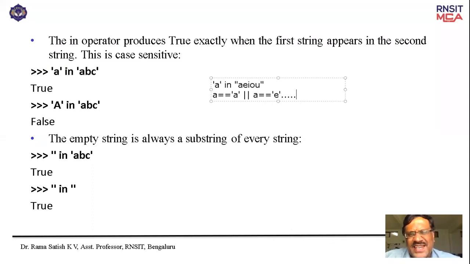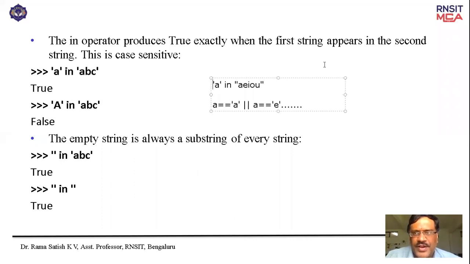I think this is a C style and your statement goes very big. Instead of that, you can do it with a single line statement like this. That's what the membership operator is all about. It is so powerful because of this.